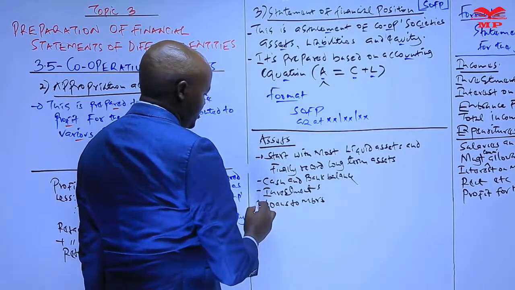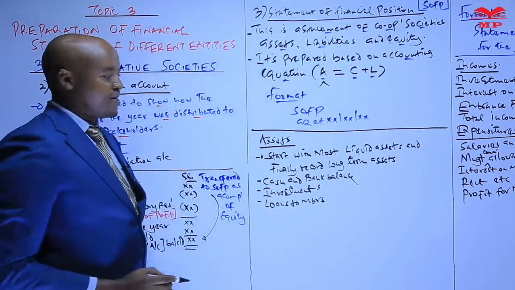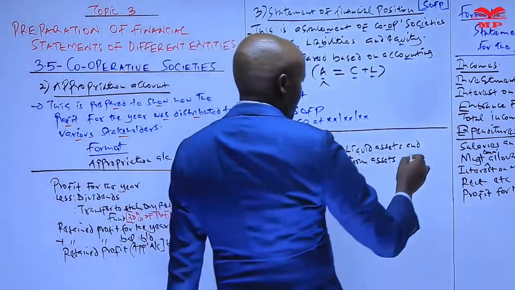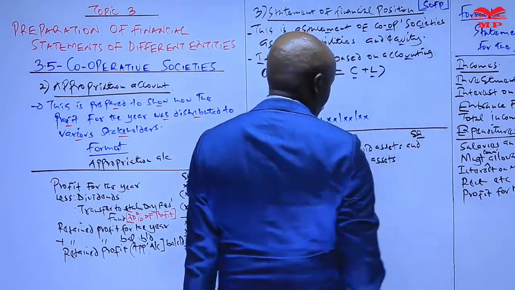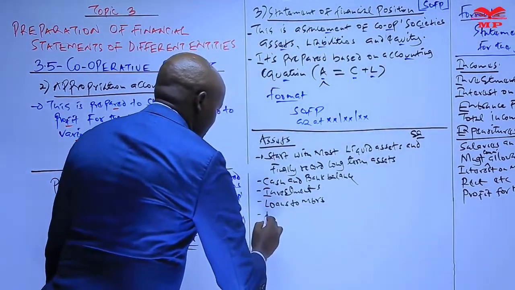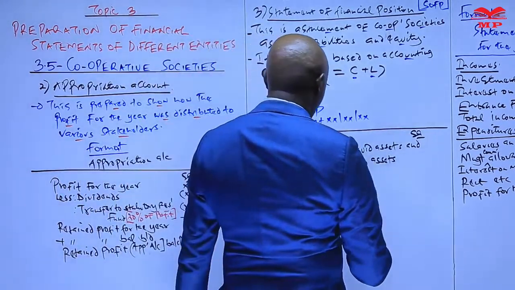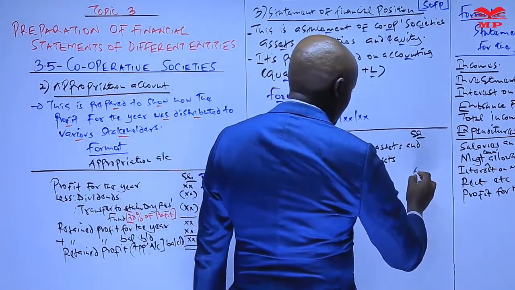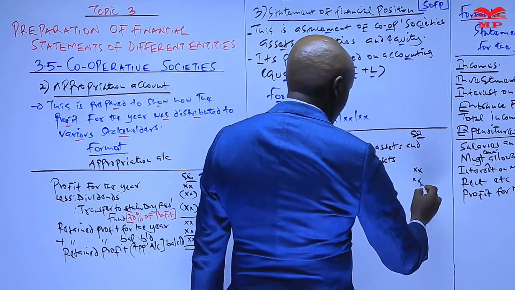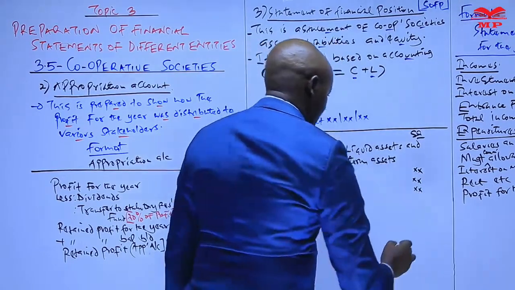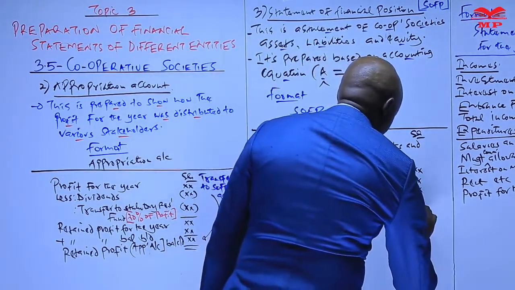Whenever a SACCO has given the members some loan, that is an asset, because the cooperative society expects the members to repay those loans. And then you finally record the long-term assets, such as PPE, property, plant and equipment.